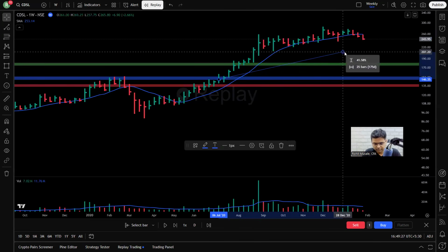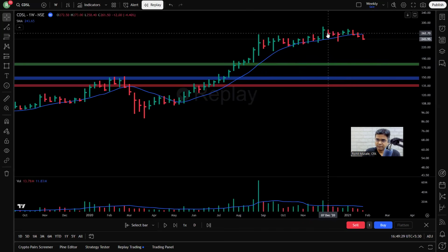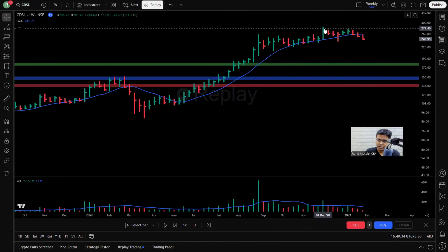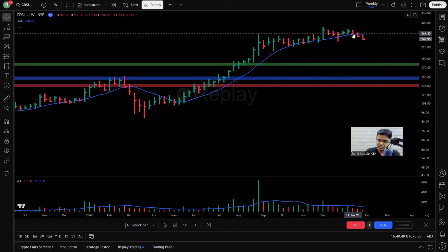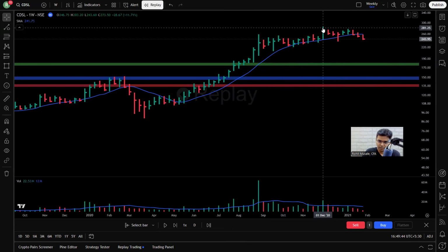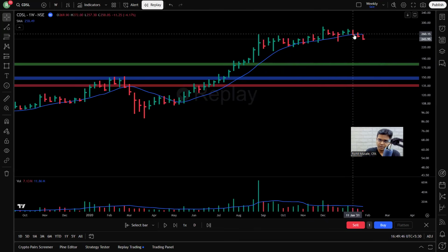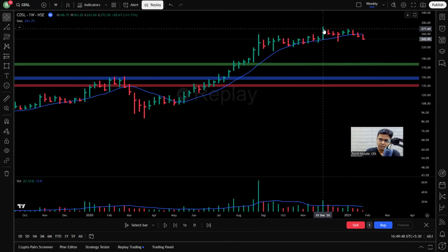As you can see here, after this, there are 3 consecutive bars which are below the high of this bar. So we might expect to buy the stock again. So it makes sense to sell here and buy it back again if this high is broken. So you could sell your remaining shares here with the hope that the stock might break out of this level. Okay, and you get a chance to buy.